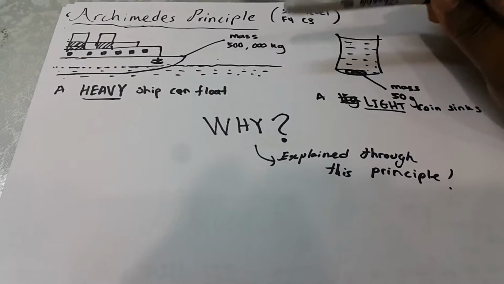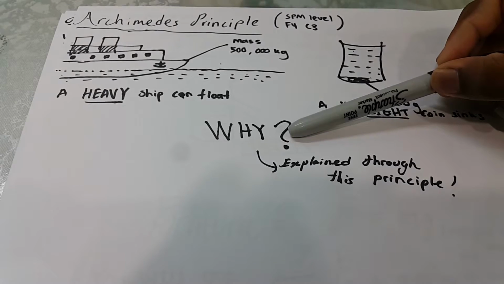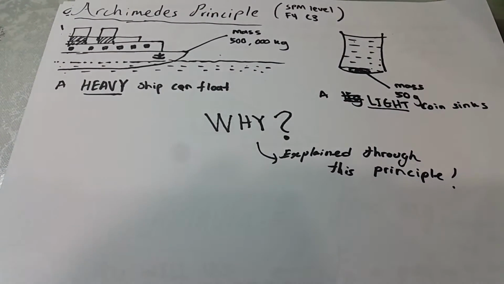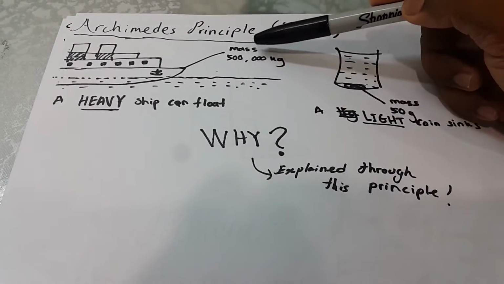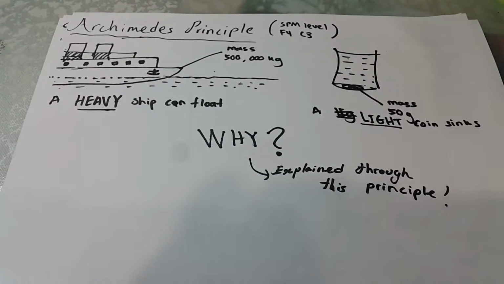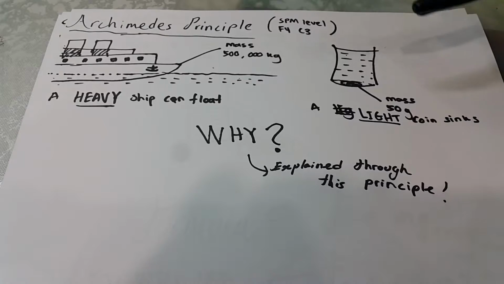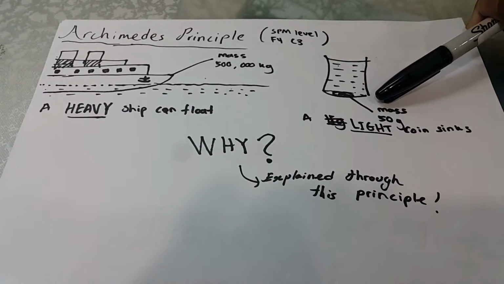So, why does this whole principle exist? Well, it's based on these two phenomena. Here you can see a heavy ship. Its mass is 500,000 kilograms. And here you can see a coin. Its mass is only 50 grams. So the ship is obviously way heavier than the coin.